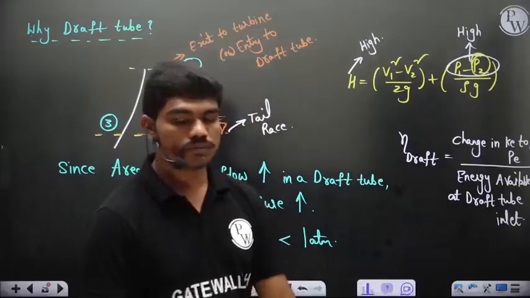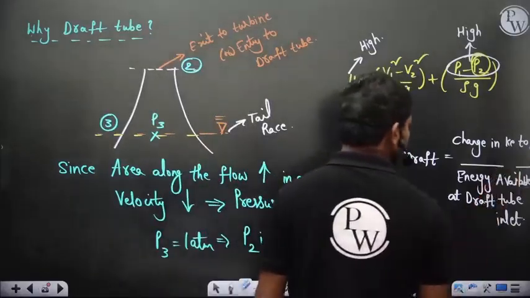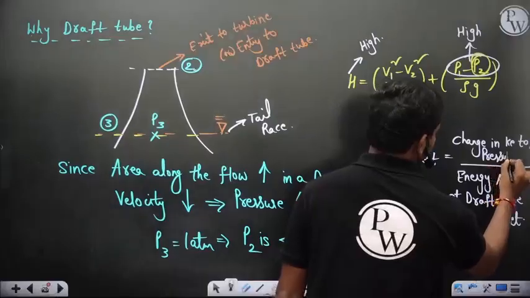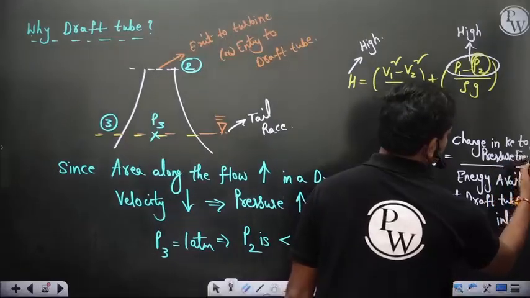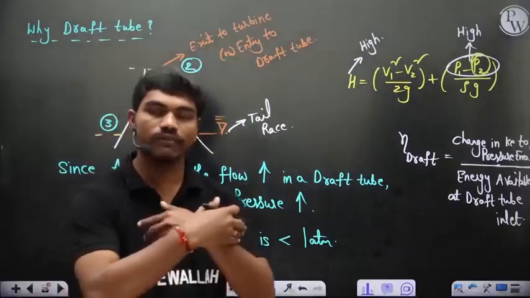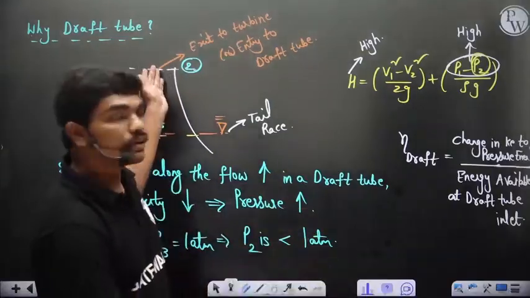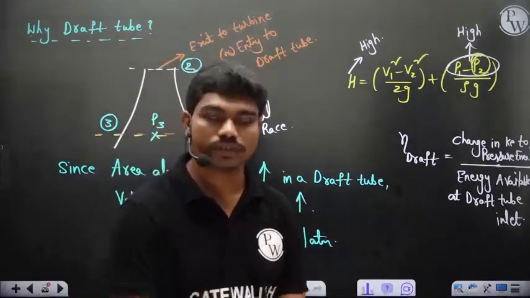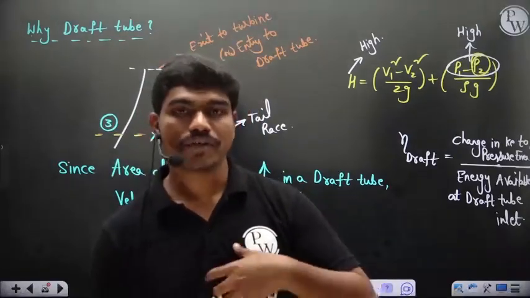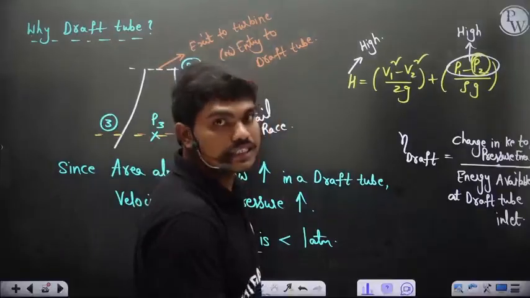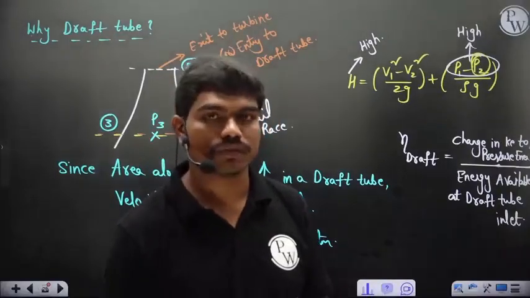Okay, so this is not potential energy, please don't misunderstand, it's the pressure energy. Obviously the draft tube cannot convert 100% of the kinetic energy available here to pressure by the time it comes here, but it can convert to some extent. So we have the efficiency of the draft tube, meaning how effective the draft tube is in creating this low pressure.